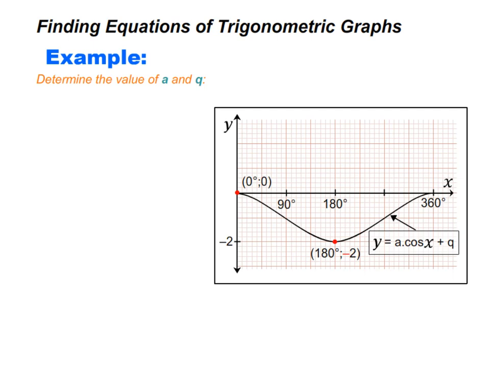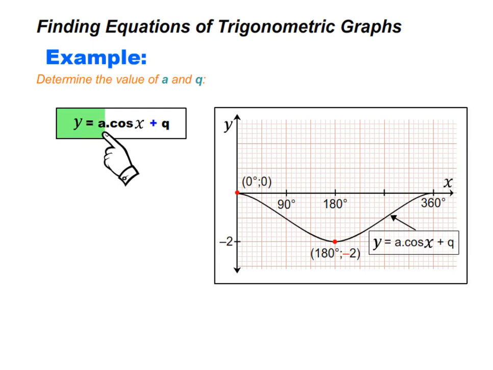Let us write down the given equation, which is y is equal to a multiplied by cos x plus q. Look at the graph. Look at this point, which is 0 degrees and 0. This 0 degrees is our x-coordinate. This 0 is our y-coordinate.